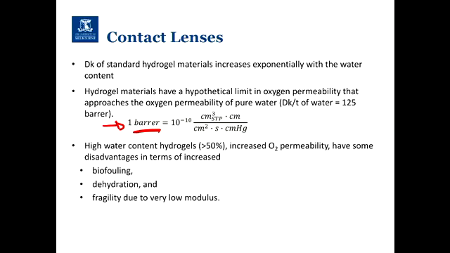Dehydration. You may think it's a little bit counterintuitive. High water content increases dehydration, but it's the dehydration in your eye. You want to make sure that there's enough tear solution coating your eye. You don't want the hydrogel to suck up your tear solution, particularly in places that have air conditioning.